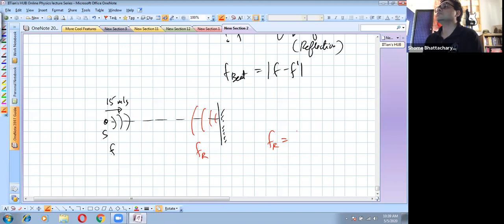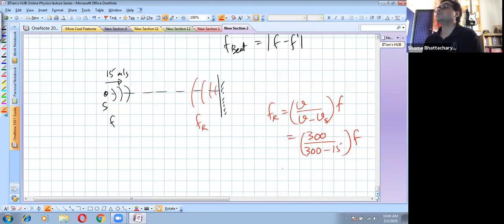So it will become V upon V minus V of the source, times F. So here it will be 300 upon 300 minus 15 times F. We can use binomial approximation here.